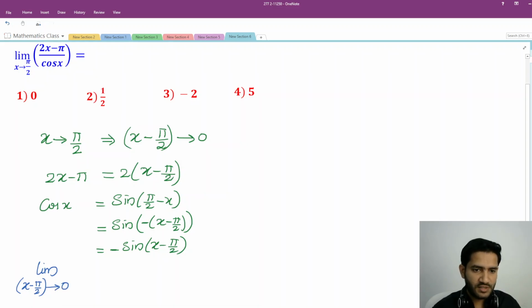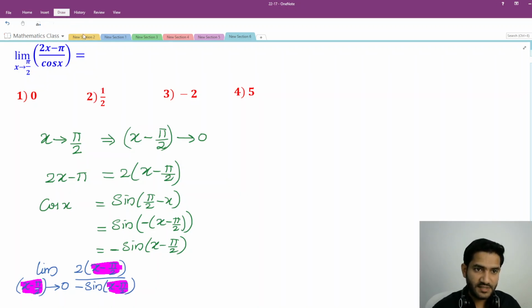Instead of 2x minus pi we write 2 into x minus pi by 2. And finally, instead of cos x we write minus sine of x minus pi by 2. Now look at here, all the variables are x minus pi by 2.